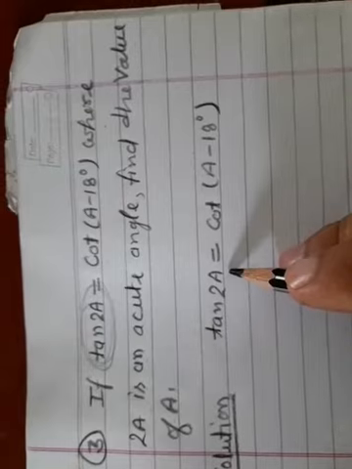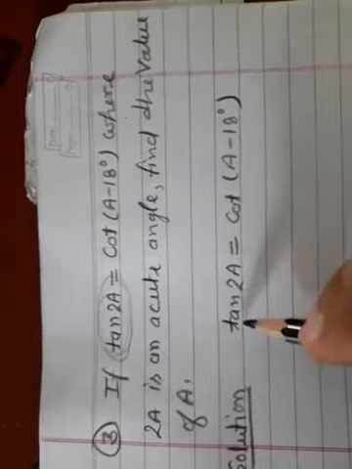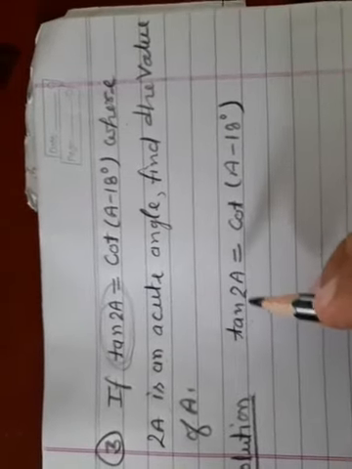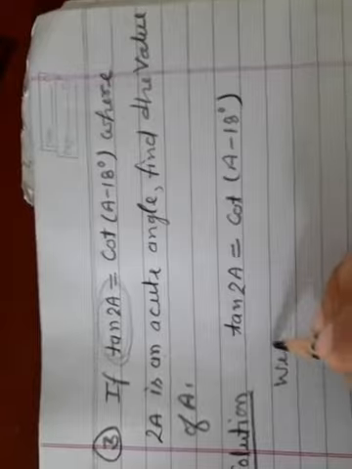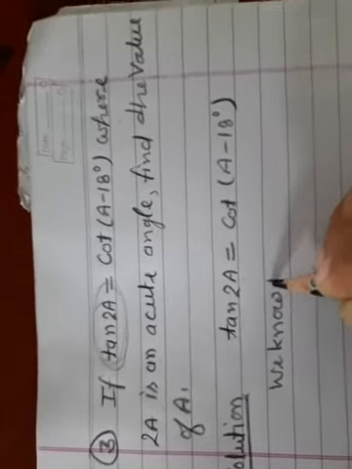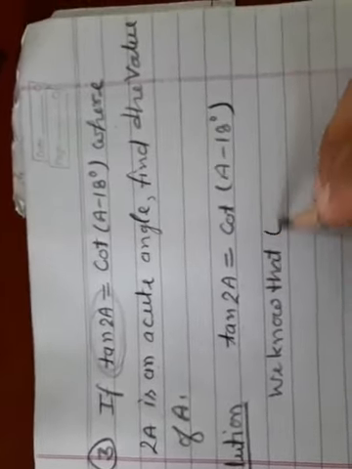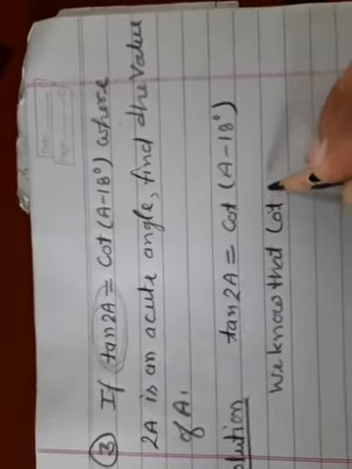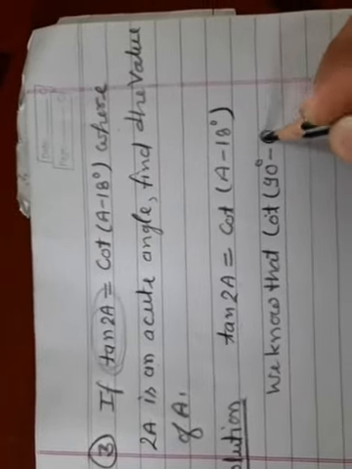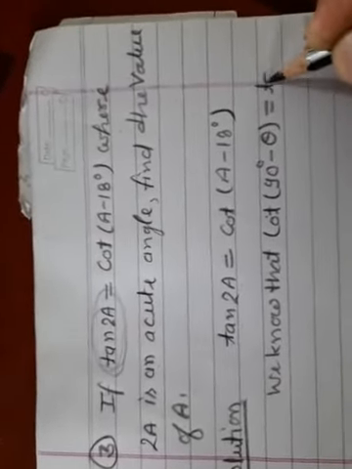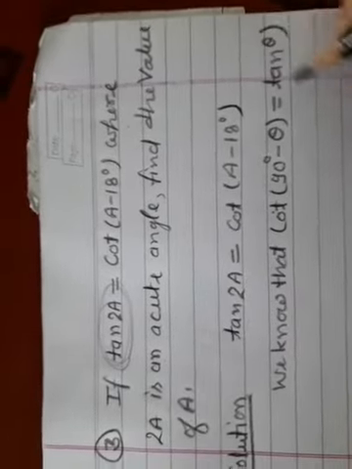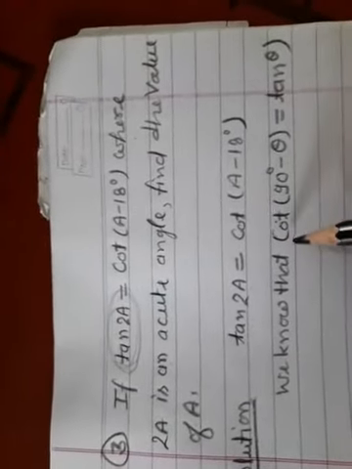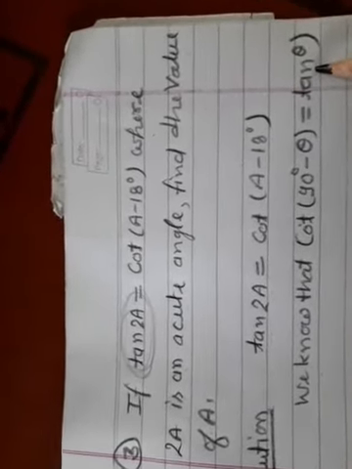Clear? So we know that cot 90 minus theta is equal to tan theta. Clear? We know that cot 90 minus theta is equal to tan theta.